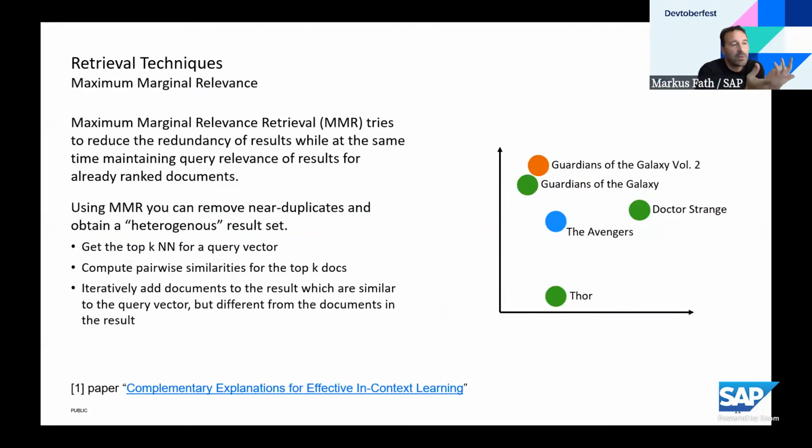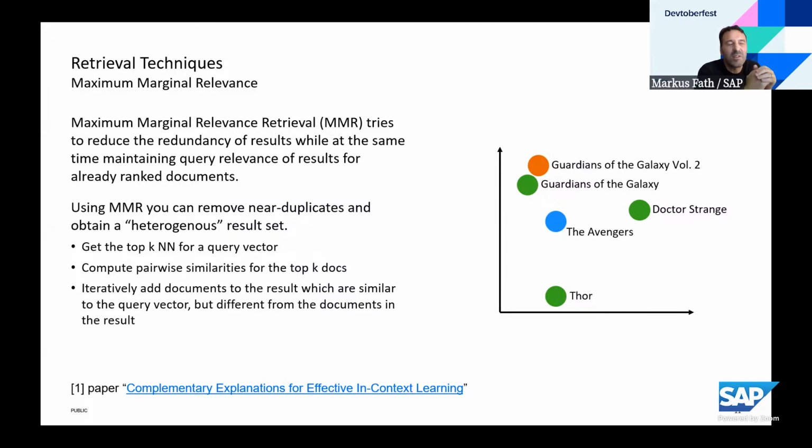Let me briefly mention a couple of variants to plain vanilla k-nearest neighbor search. One is called maximum marginal relevance. It's also a way to retrieve k-nearest neighbors. However, in this query variant, you are removing duplicates or near duplicates from the result set. If you do a k-nearest neighbor search, for example, for that blue dot on the right-hand side, the Avengers movies, you'll find Guardians of the Galaxy.